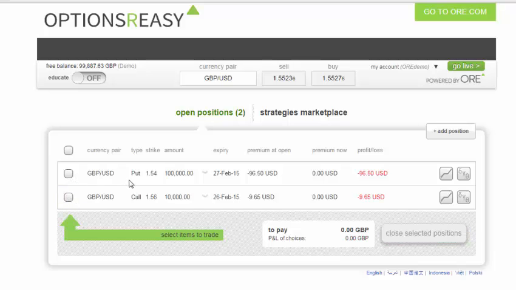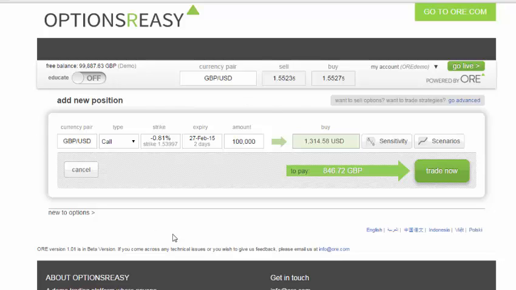And here you can see my put option trade above the previous call trade that we opened. Now if I go back into the trade zone by clicking Add Position, you may have noticed in this basic mode of trading, you are restricted to only buying an option and only buying one at a time.